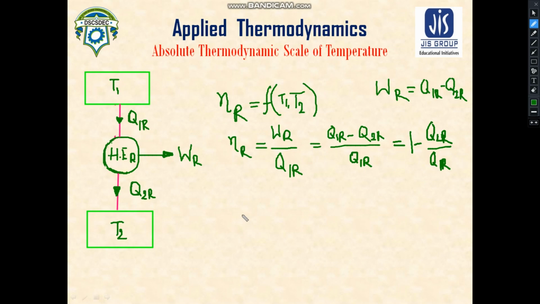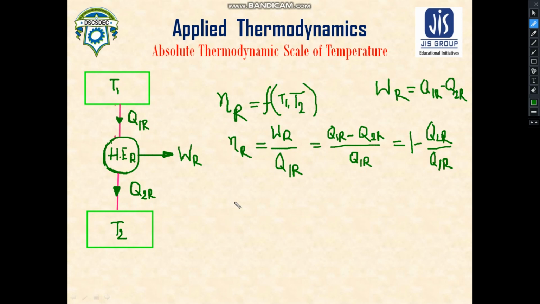Now can we write this as a function? Can we imply that this ratio is a function of T1 and T2? Because we have already shown that this efficiency is nothing but 1 minus Q2R divided by Q1R, that is 1 minus the heat rejected divided by the heat received.